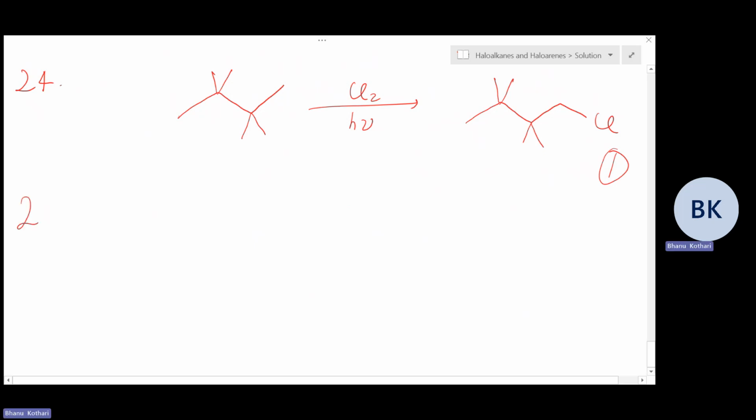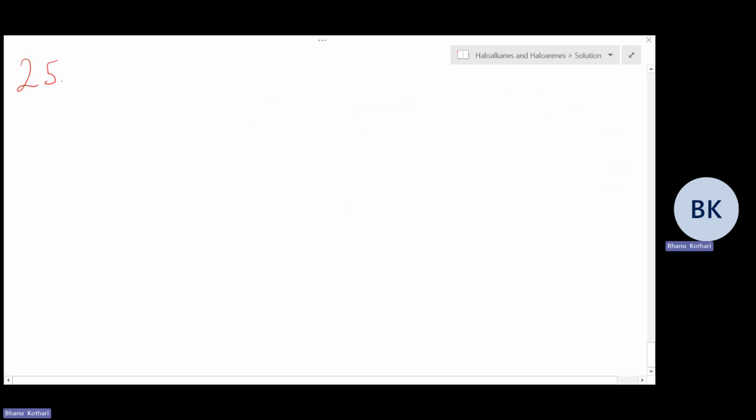Question number 25. In Finkelstein reaction, 2 grams of this compound, CH3CH2CH2Cl, is treated with NaI in acetone and will give this compound. The formula is C3H7I.